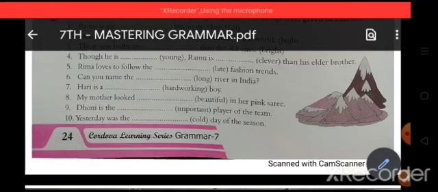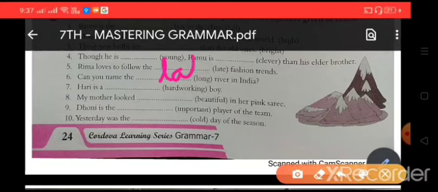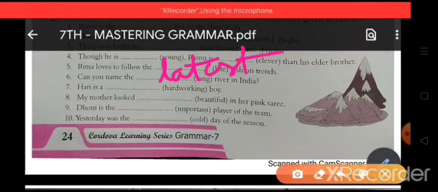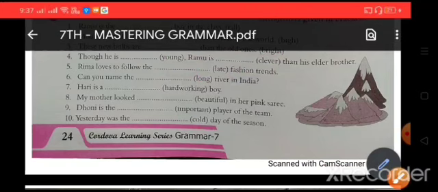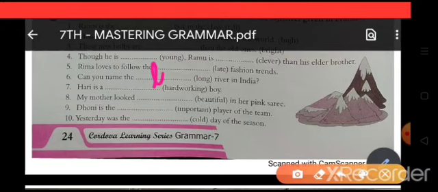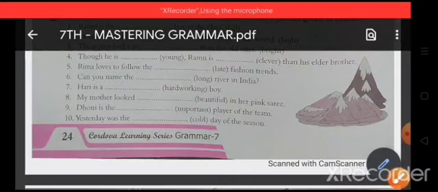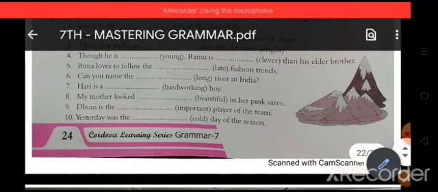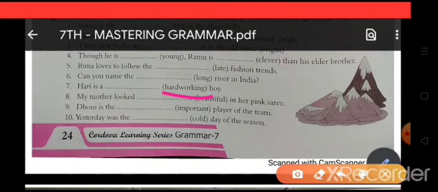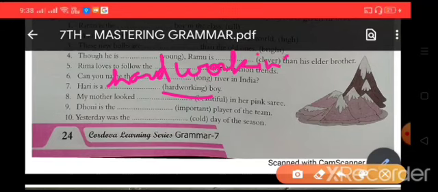Rima loves to follow the latest fashion. Can you name the longest river of India? Hari is a hard-working boy. It is correct, hard-working, because here there is no comparison.